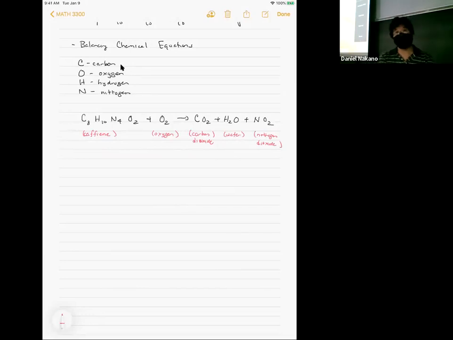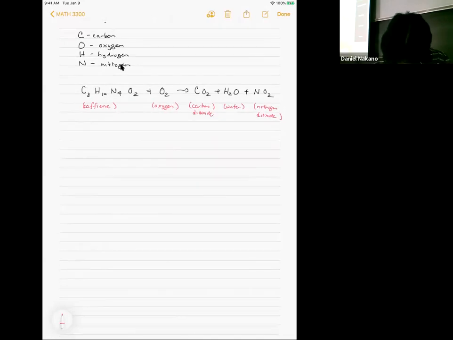All right, so the idea is that I want to take certain combinations of these compounds, and I want to actually balance the number of atoms out. How do we express that?